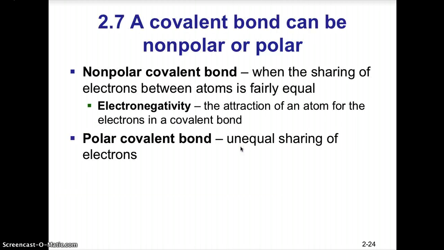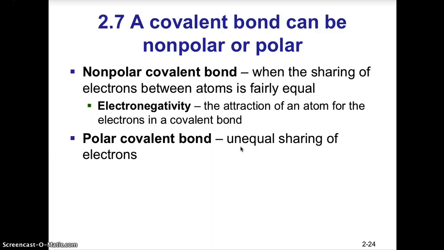The last type of covalent bond is the nonpolar covalent bond. A nonpolar covalent bond is when the sharing of the electrons between two nonmetals is fairly equal. That is because the electronegativity difference, or the attraction of an atom for electrons in a covalent bond, is very equal or the same.